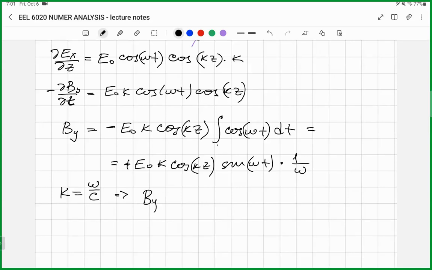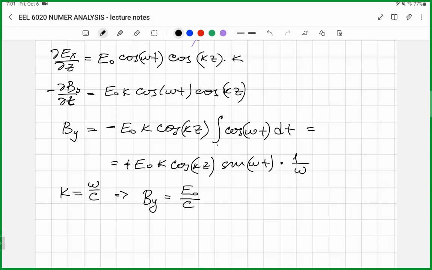So By is equal to E0 over c, cosine kz sine omega t. This is exactly the result for the plane wave. So the wave impedance in free space and the wave impedance in the resonator are the same.